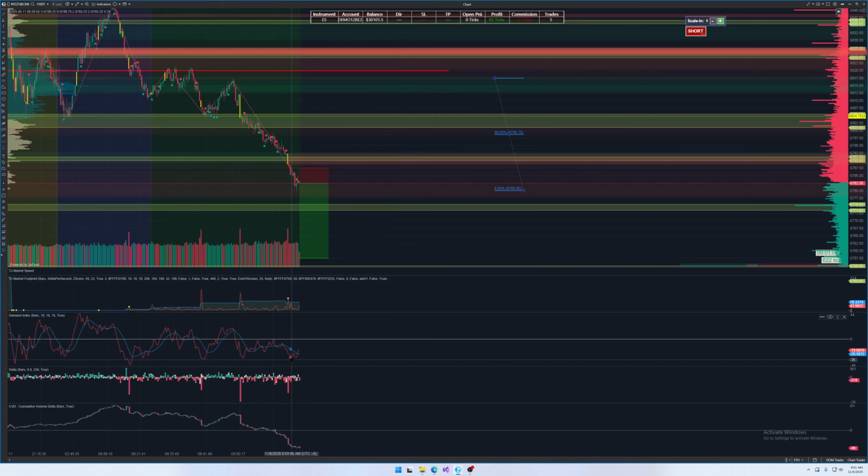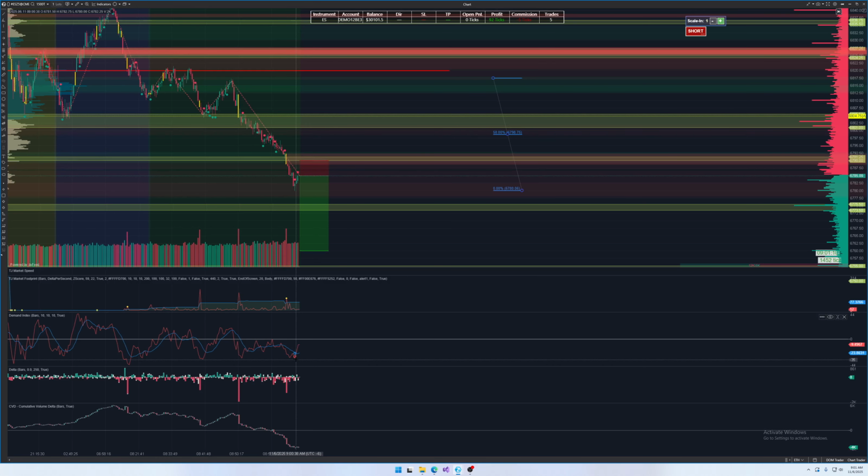So the demand index makes now an interesting move. The price went deeper here, but the demand index didn't go deeper.